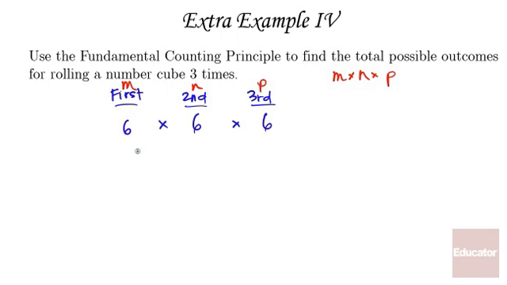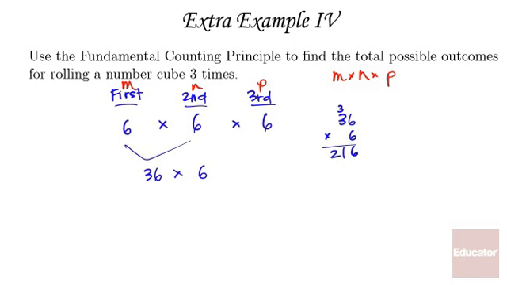So 6 times 6 is 36. And then we're going to multiply this by 6. This is 36. 6 times 3 is 18. 21. So there are 216 different possible outcomes when you roll the number cube 3 times.